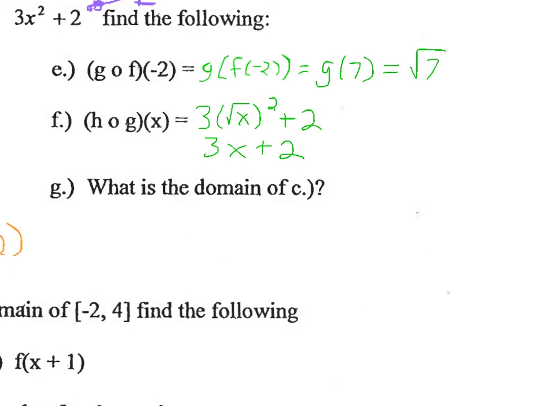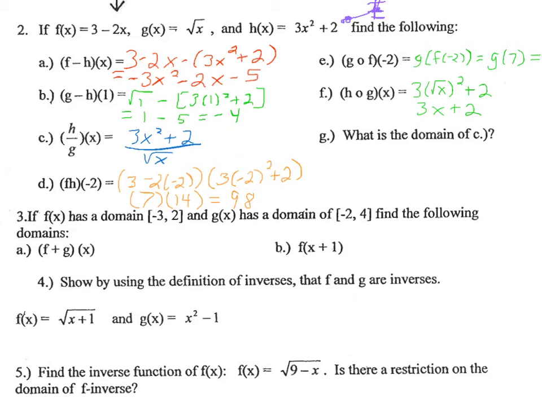For the last question, what is the domain of C? First, let's look at what the problem was for C. We see that we have a square root in the denominator. So if we wanted to plug in numbers for h over g of x, we would not be able to plug in a 0 because we can't divide by 0.